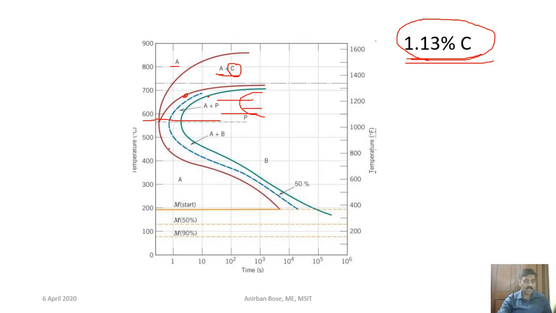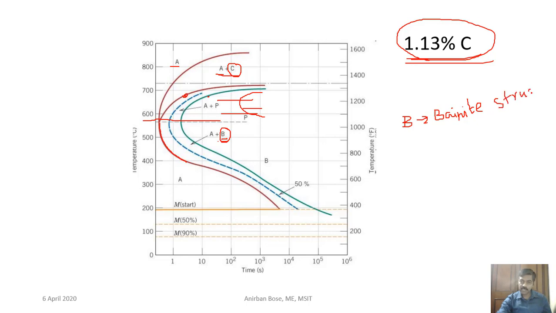But below that, you see this particular curve is a different kind of structure. Here you can see, which is called the bainitic structure. Okay, this B indicates the bainitic structure. This particular structure is not an equilibrium structure, and that is why we have not seen it in the phase equilibrium diagram.